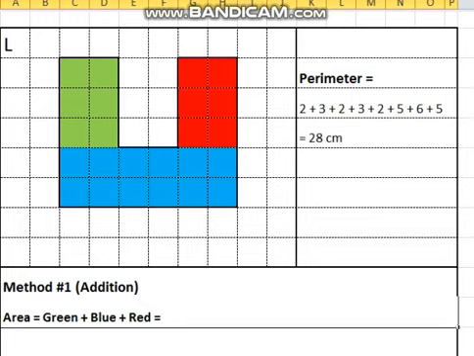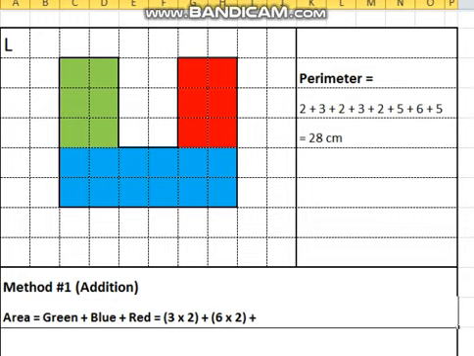The area of the green is 3 times 2, the length times the breadth. Then we plus the blue shape's area, which is 6 times 2.